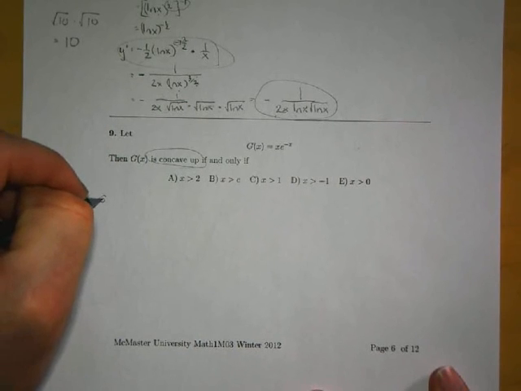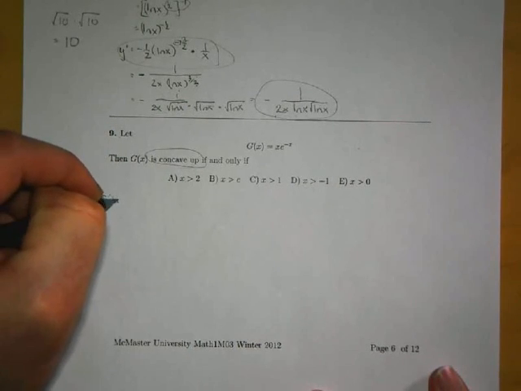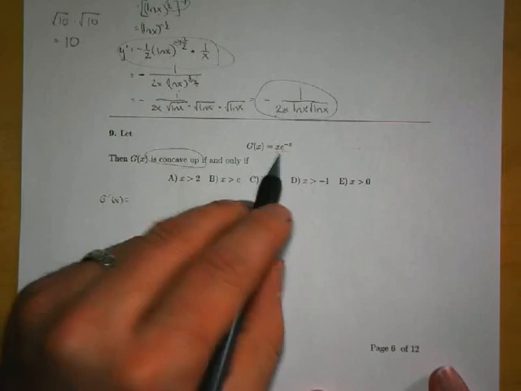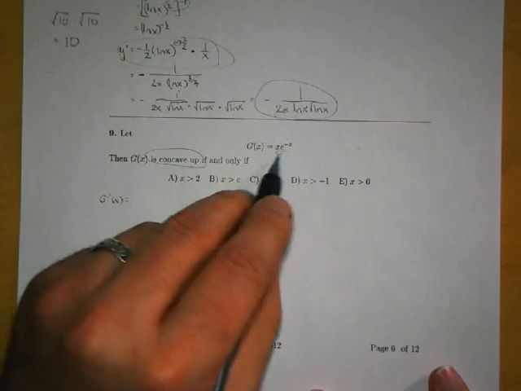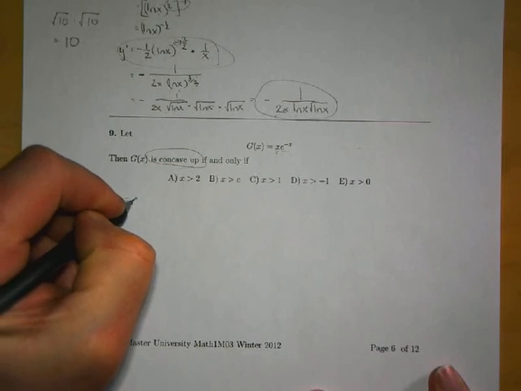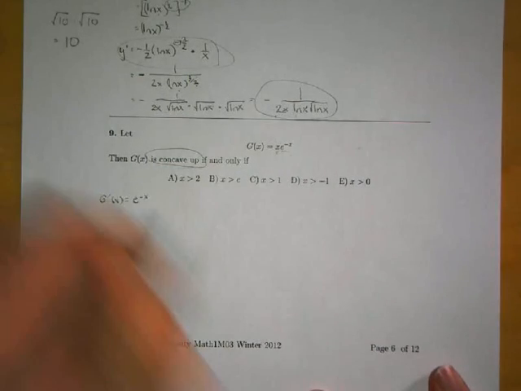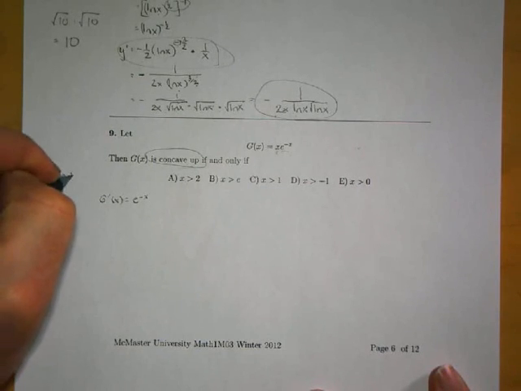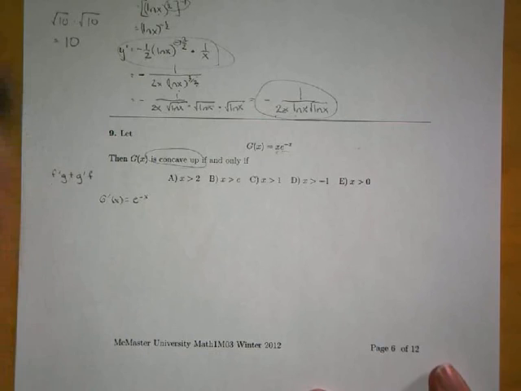So g prime x. Now this is going to require product rule. So f prime g, so the derivative first, well, derivative of x is just 1 g, so f prime g. Don't forget the product rule is f prime g plus g prime f, or your prof may have written it slightly differently.